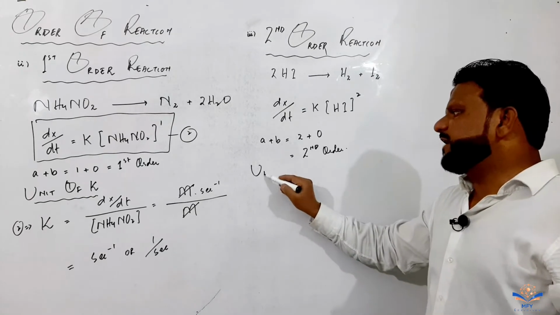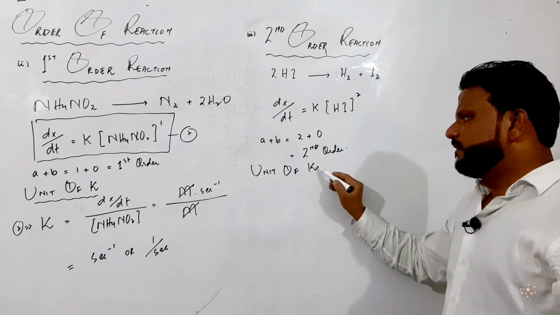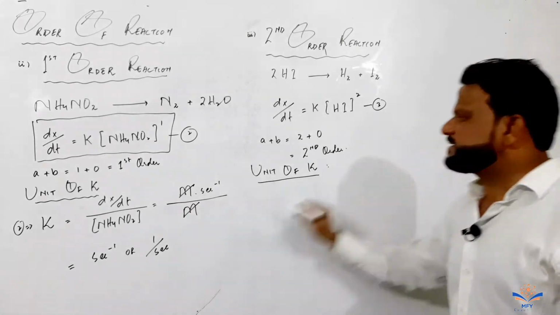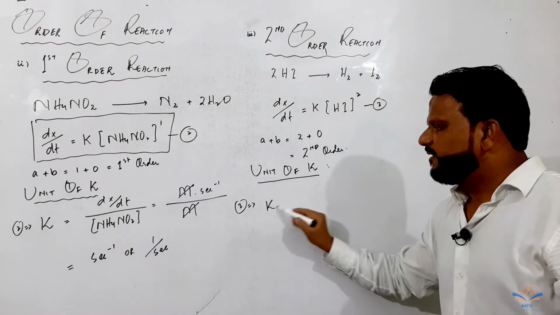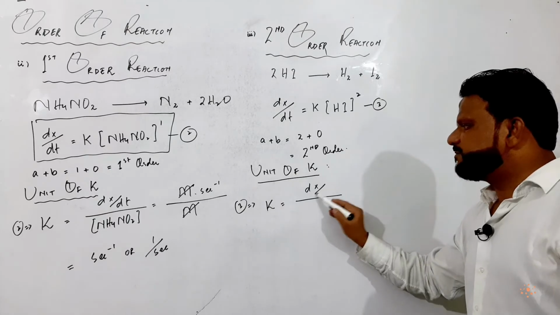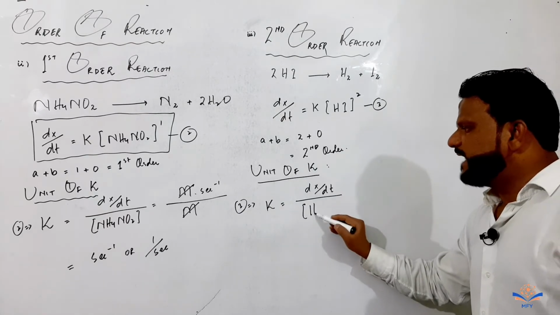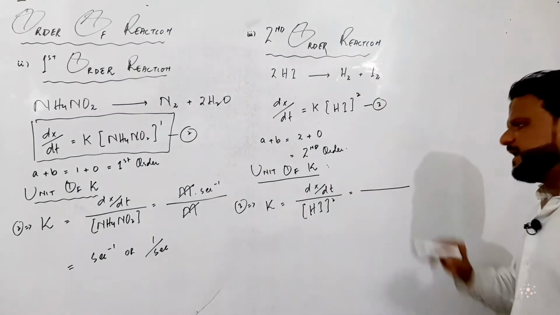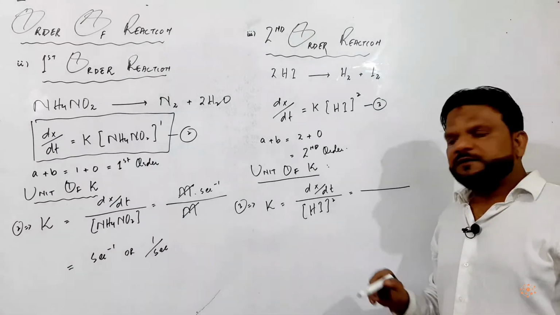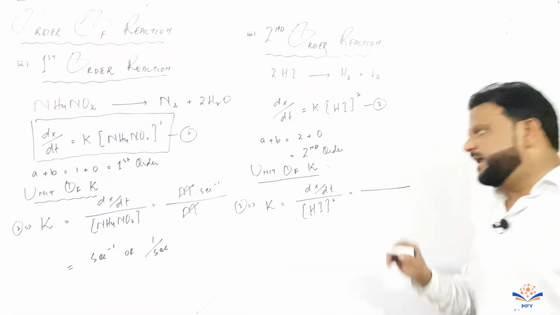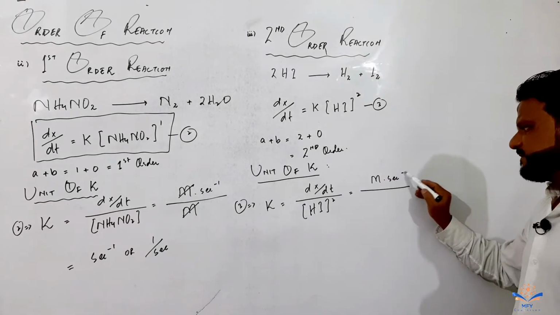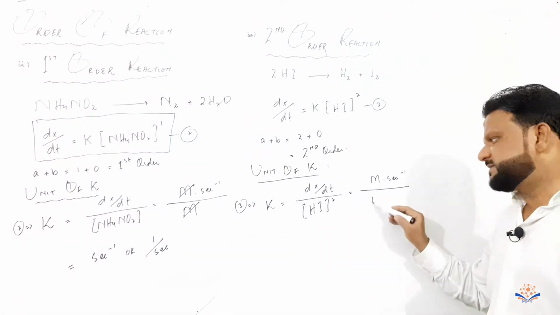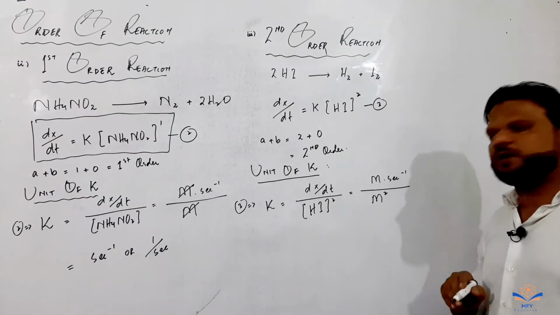Now unit of K for second order reaction. Equation number 3 implies K will be equal to dx/dt over HI power 2. Now put the values of dx/dt and active mass of hydrogen iodide, we can easily find out the unit of K. dx/dt is molar second inverse, and the unit of HI active mass is M power 2, which means mole square.